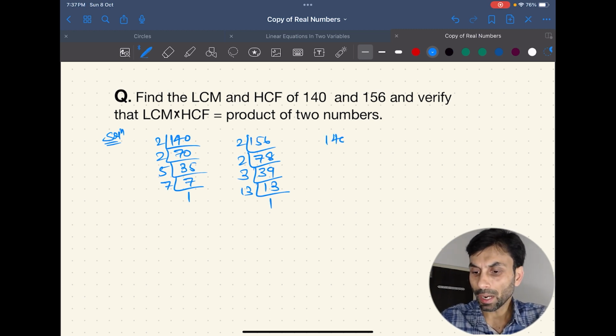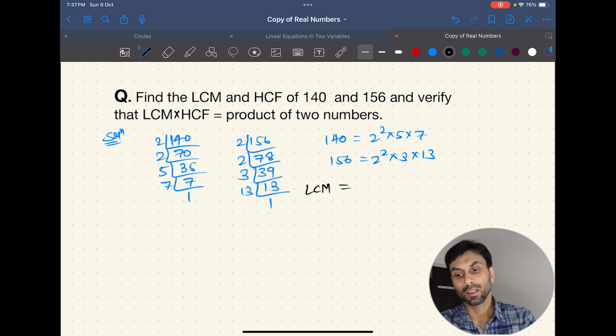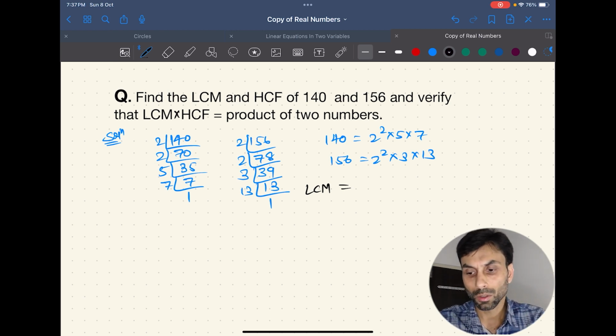So we got the prime factorization of 140 as 2 square into 5 into 7. And the prime factorization of 156 is 2 square into 3 into 13. Now to find the LCM of these two numbers, we have to take all prime factors with the highest power of each. The first prime factor is 2 and its highest power is 2, so it is 2 square into.